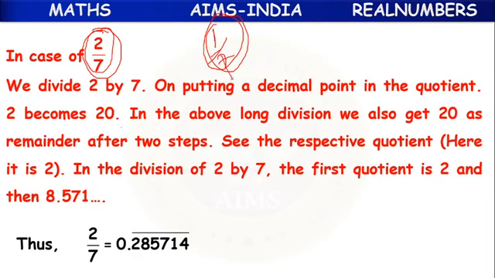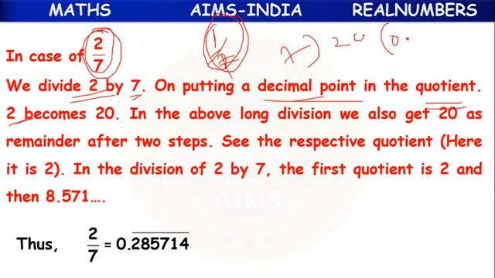If we take a decimal point in the quotient, to divide 2 with 7, it will become 20. Means in the long division, we have to see where the 20 is. By that we can find out the value.